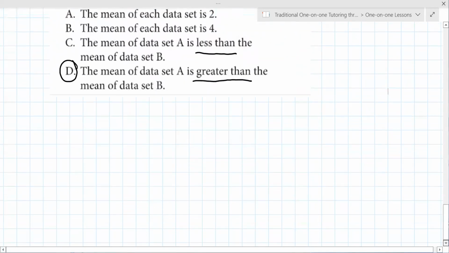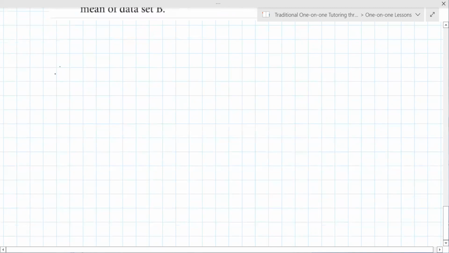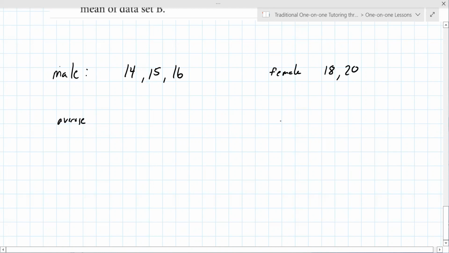So let's look at another problem here. Let's say the male students in a class have the following ages: 14, 15, and 16. And the female have the ages of 18 and 20. I want you to find the average of each, please.